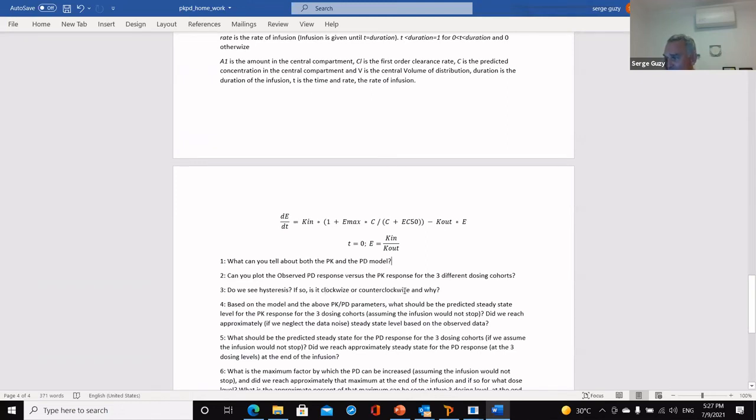That's basically the question. Based on the model and the above PK/PD parameters that you know, and there's no random effect, what should be the predicted steady state level for the PK response for the 3 dosing cohort, assuming the infusion would not stop? Okay. If I'm giving an infusion, and the infusion doesn't stop, then what will happen?